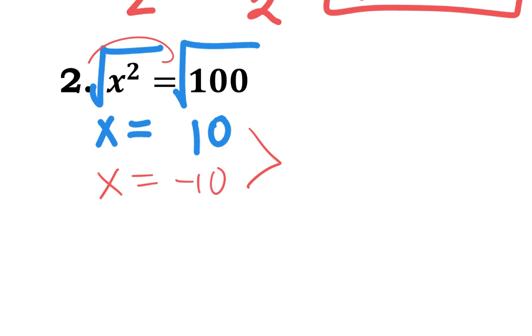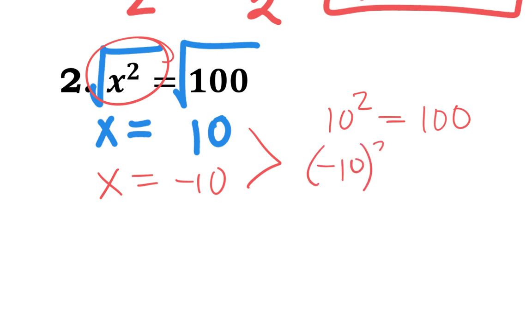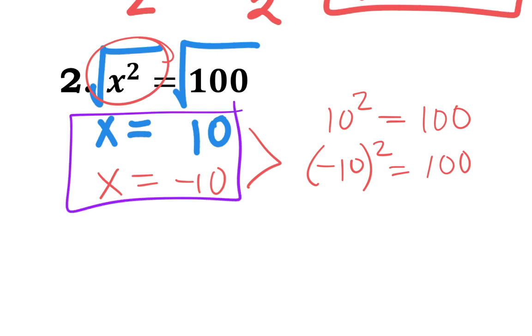If I plug it in here, 10 squared, 10 times 10 is 100. Then if you take negative 10, what's negative times a negative? A positive, and 10 times 10 is still 100. So you're going to be seeing today that when we take the square root, we're going to be getting two answers, both the positive and negative value of whatever that number is, okay?